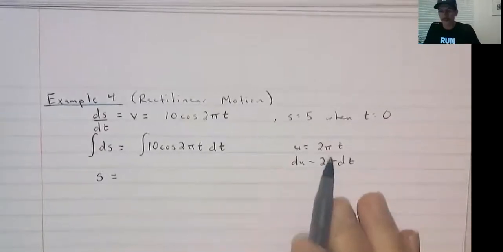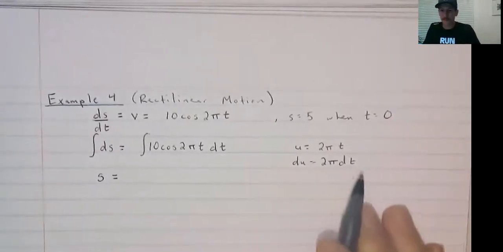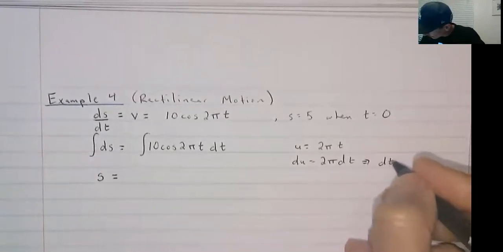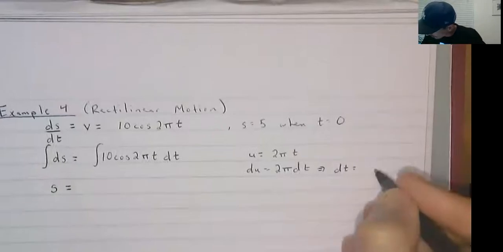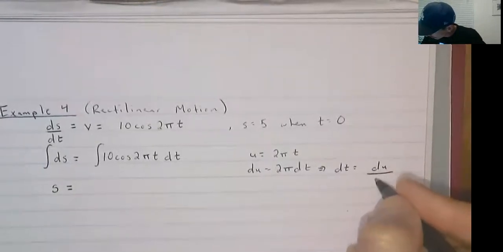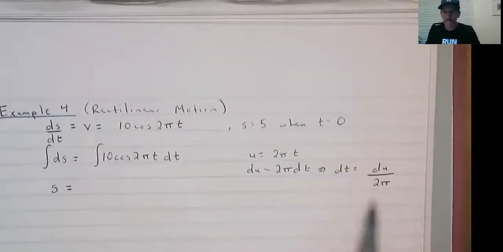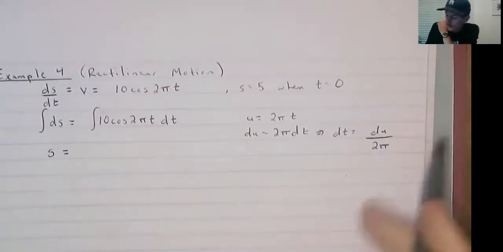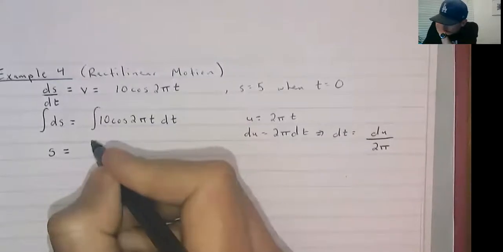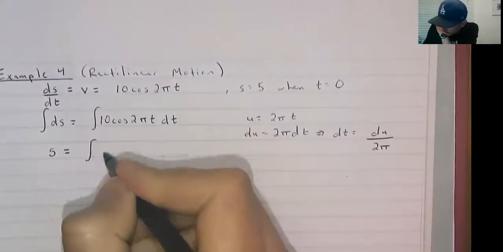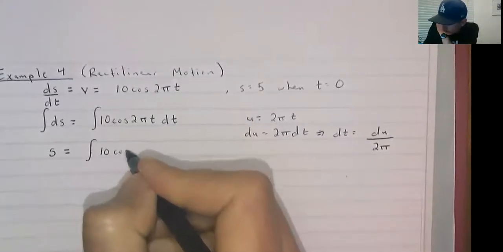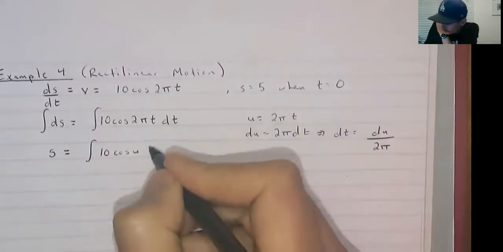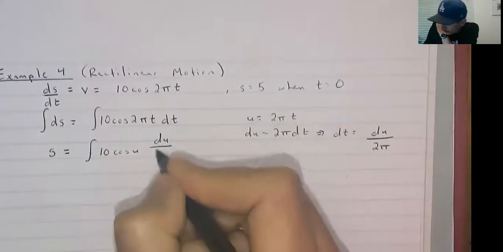Du dt would be 2 pi, and then separating that out, which means that dt is equal to du divided by twice pi. So making that sub, we have 10 times the cosine of u, and then dt is du over twice pi.